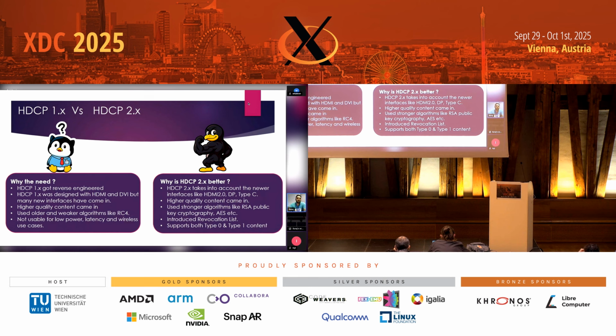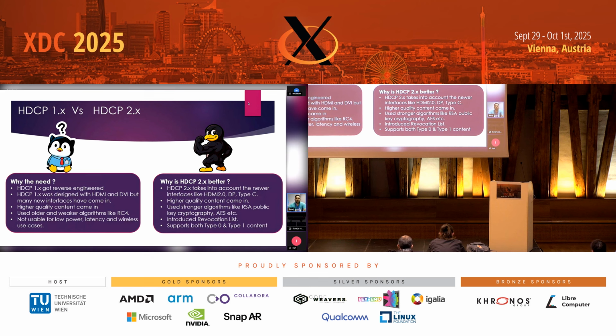It introduced two types of content, type 0 and type 1 content. The differentiation was majorly done so that it becomes backward compatible with HDCP 1.x, because even though it was broken, we didn't want to leave HDCP 1.x people hanging, right? So we really wanted to make sure that they could keep authenticating their device, be it at a lower resolution.